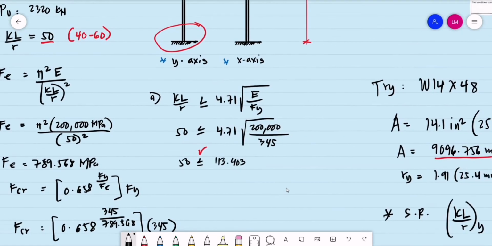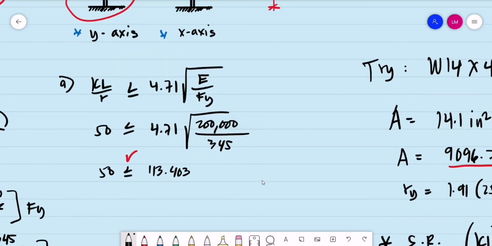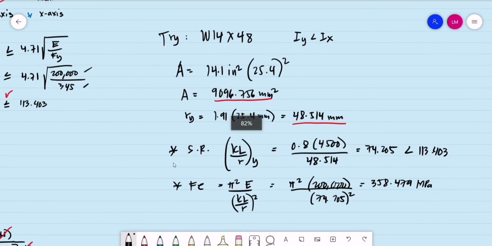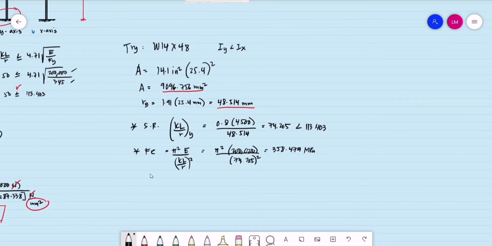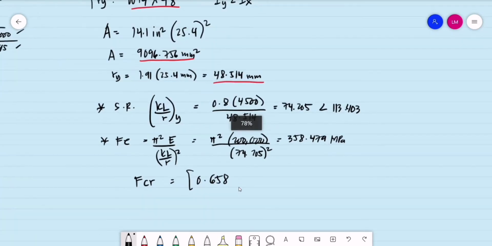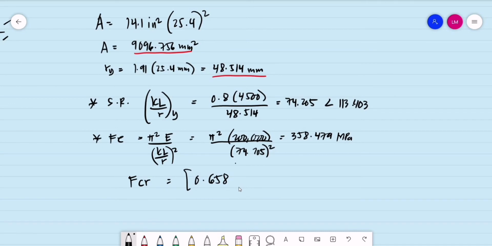So how to compute for the f sub CR? Since we have the same values of Fy and E, we are just using the actual value of the slenderness ratio of the chosen section, the W14 by 48. So for the value of the f sub CR, that is equal to 0.658 raised to the value of f sub y divided by f sub e, then multiplied by the f sub y.